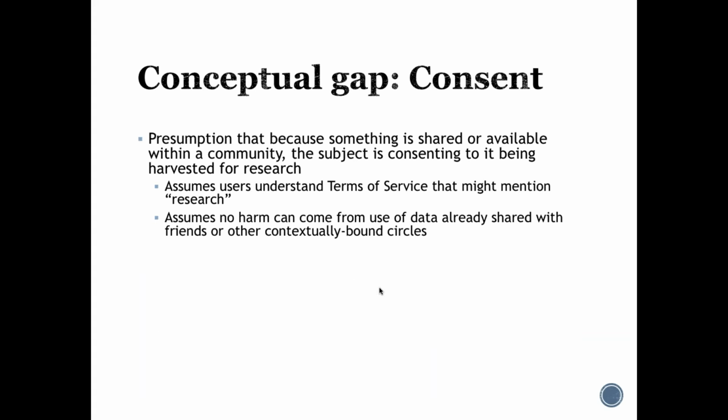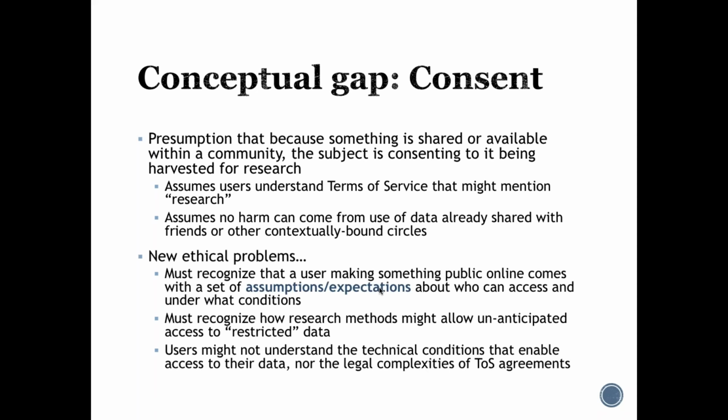The same issue emerges with consent. We used to presume that information that was out there in the public, you didn't need to get consent in order to access it and do research with it. I oftentimes hear the argument that how is scraping Facebook any different than sitting in a public park and just observing people as they walk by? And there's a lot of differences there, and then we need to rethink how we frame consent.